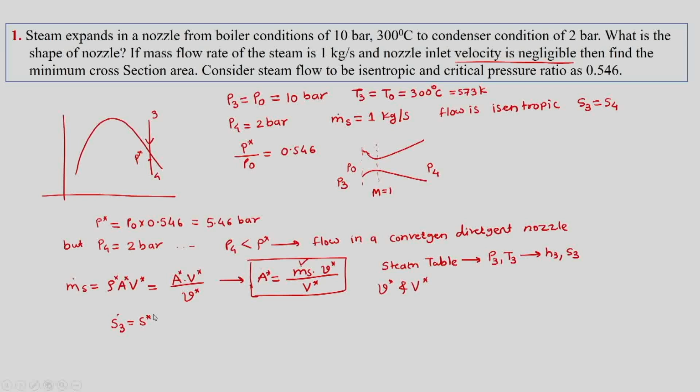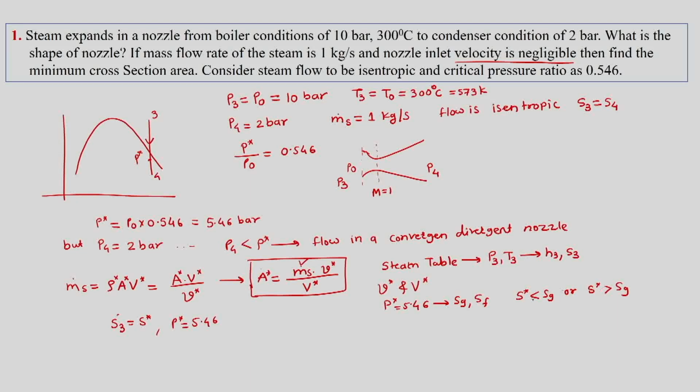Knowing this, and further we know P star is equal to 5.46, we will go to the steam table and see for P star equal to 5.46 what is the SG and what is the SF. Now we will see if S star is less than SG or S star is more than SG.